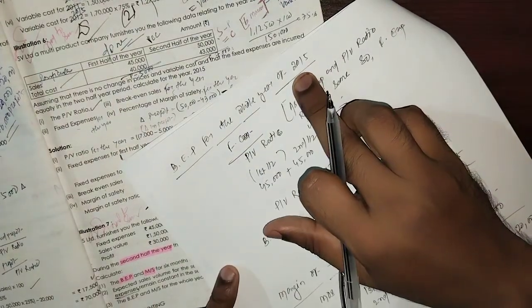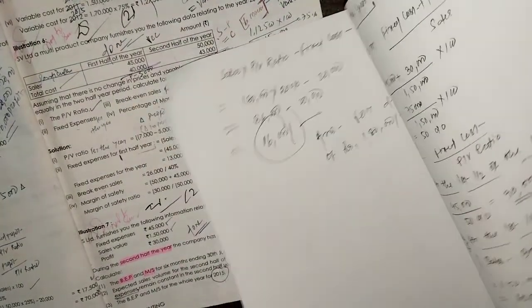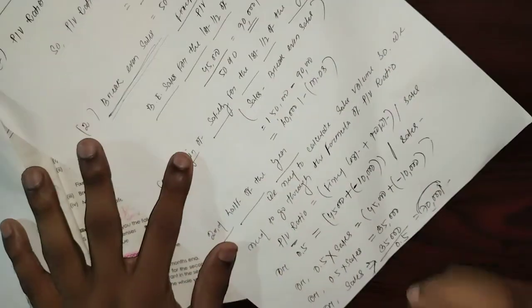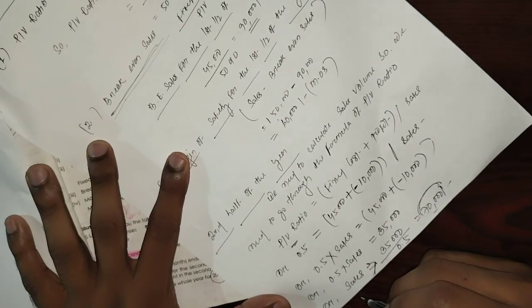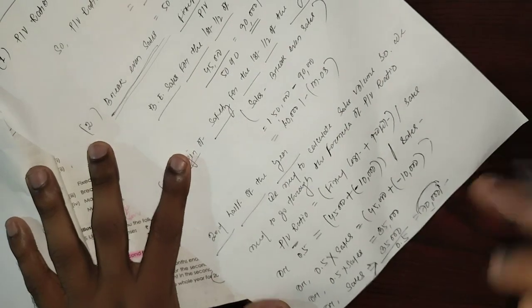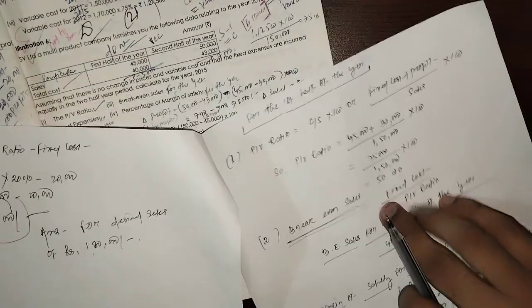So we have easily calculated margin of safety for the whole year 2015, then break even point for the whole year of 2015, and expected sales volume for the second half of the year, right? So very easy questions, very tricky also.